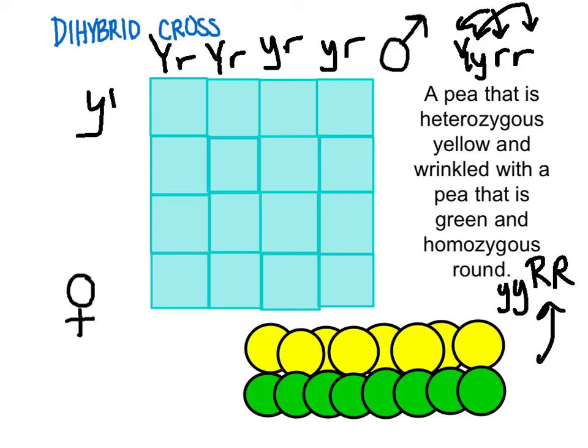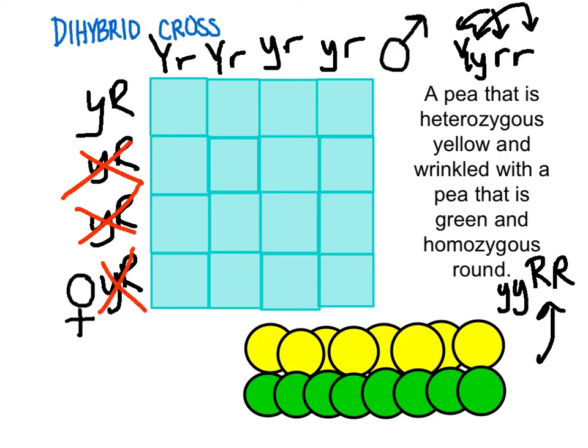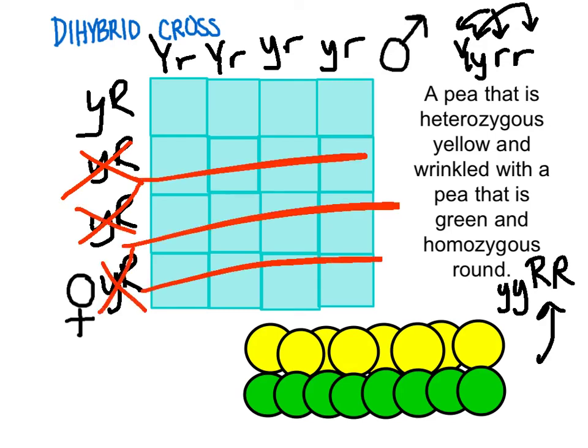So little y, big R, little y, big R, little y, big R, little y, big R. So actually, because these are all the same, I can just ignore these. I'm going to ignore this row. And then the same here, because two of these columns are exactly the same, I'm going to cross out one of them. I'm going to ignore that one. And for this one, I'm going to ignore this one because it's the same as the other column.